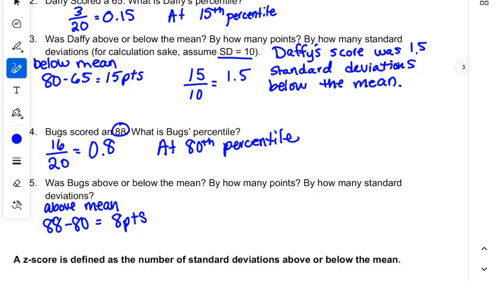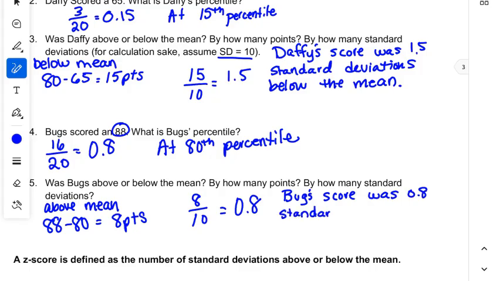To find standard deviations, we take the difference and divide by the SD. So 8 divided by 10, 0.8. That's how many standard deviations. We need to write this in sentence form: Bugs's score was 0.8 standard deviations above the mean.